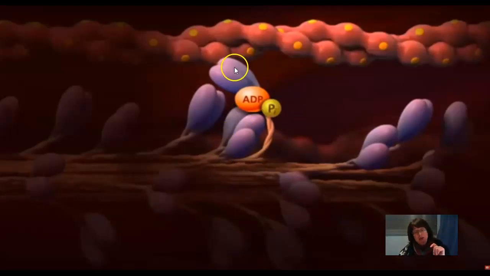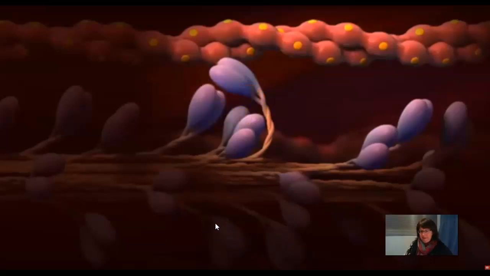This is why you need energy. It's the ATP, which is the higher energy molecule, which will activate this head. Now realize that ATP, adenosine triphosphate, once it's activated, will break down to ADP, adenosine diphosphate, and phosphate. ADP and inorganic phosphate are released during the power stroke.